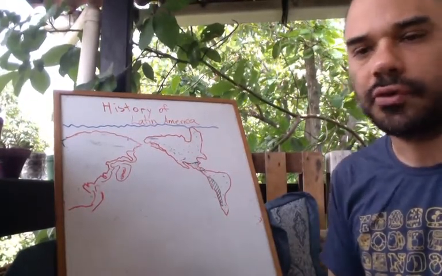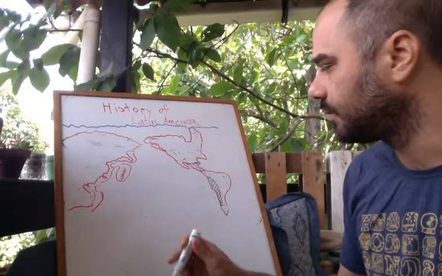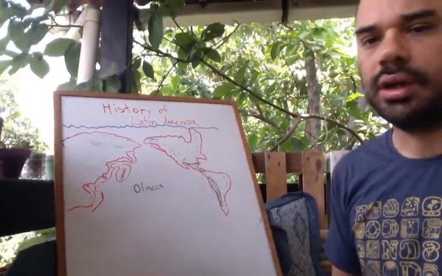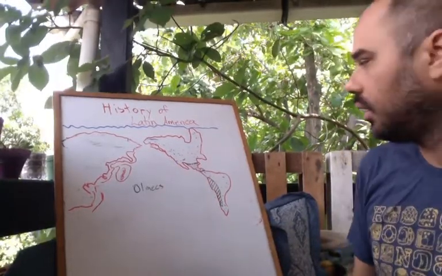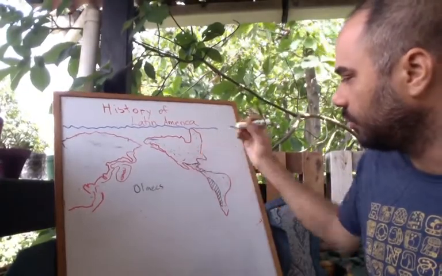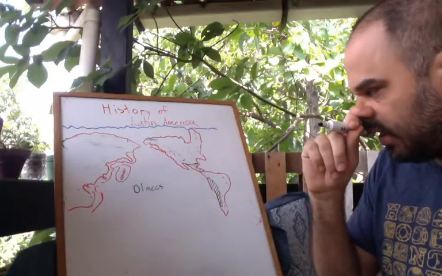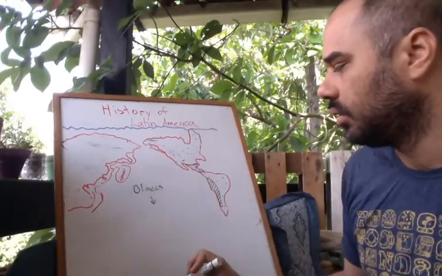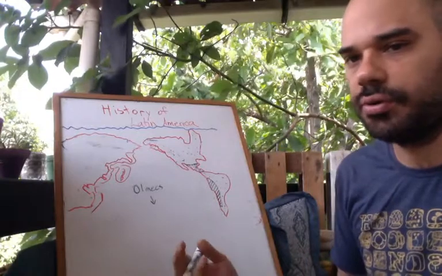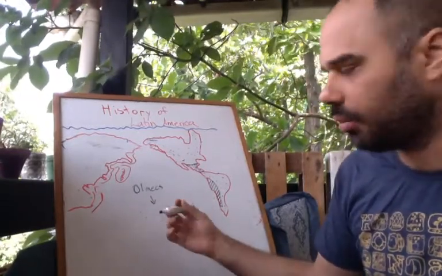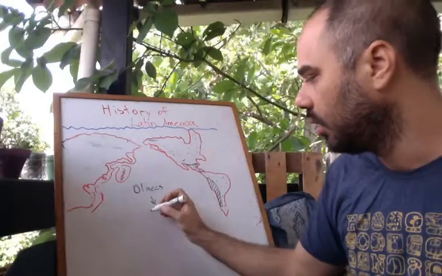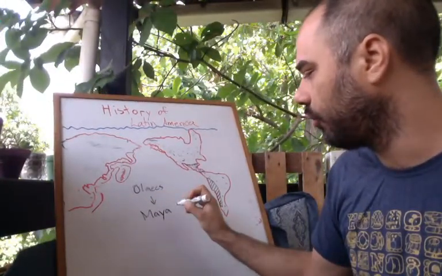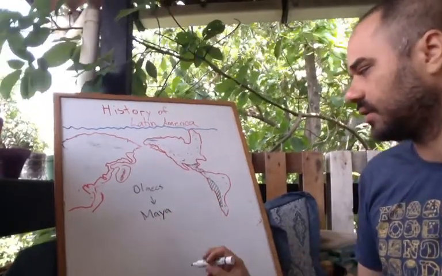Of many cultures, one of the first were the Olmecs. And the Olmecs were in what is today Mexico. When the Maya came around the years 100 to 300 Anno Domini, that means of the Common Era, they were influenced by the Olmecs, the Maya.